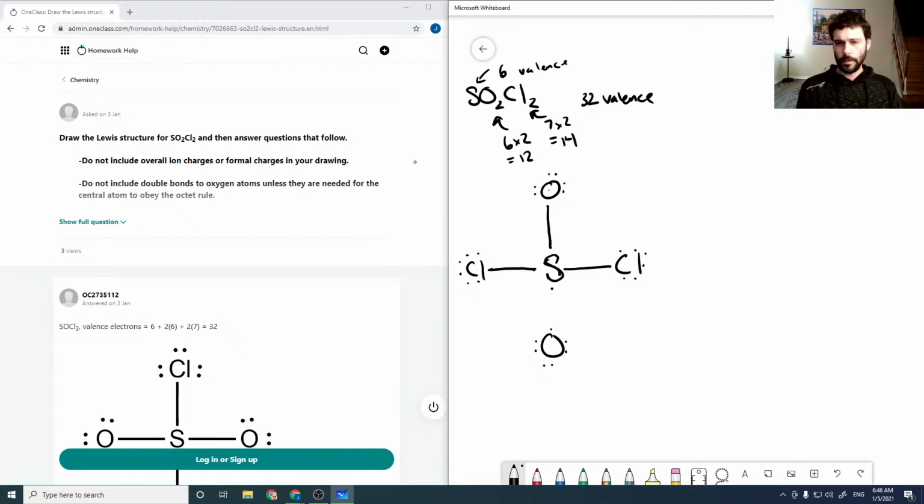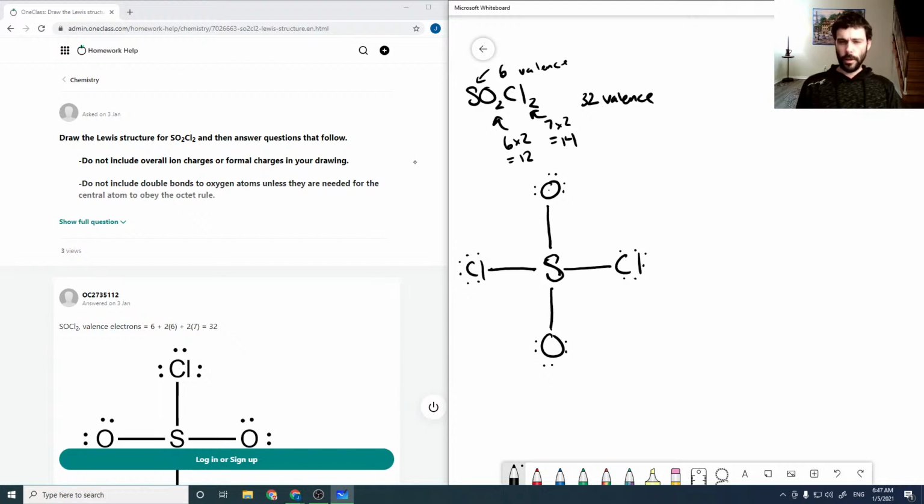And that will allow us to bond to oxygen. Now if we count up here, 8 plus 8 is 16, plus 8 is 24, plus 8 is 32. So we've got all of our electrons in here. It doesn't want us to include formal charges in the drawing, but that's okay. I'm still going to use formal charges just to check our work.